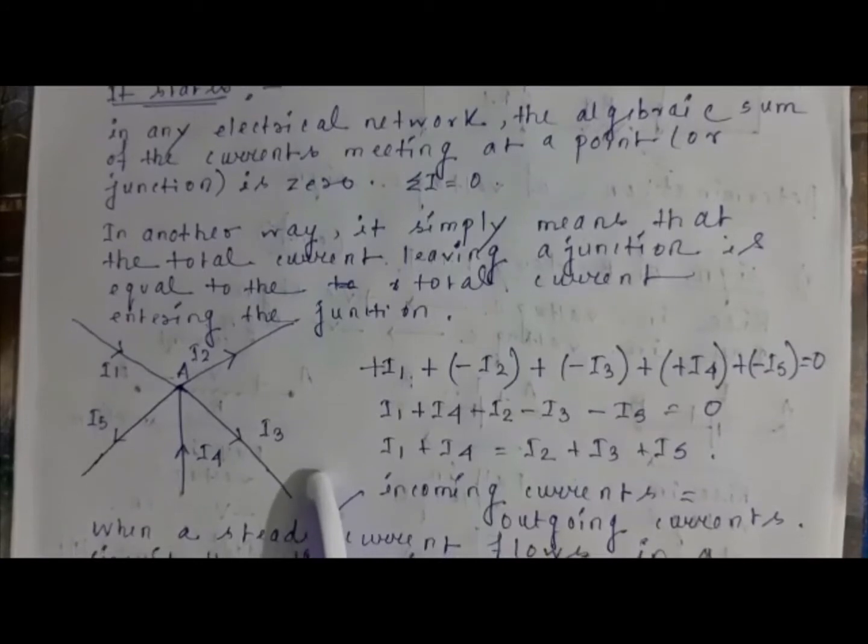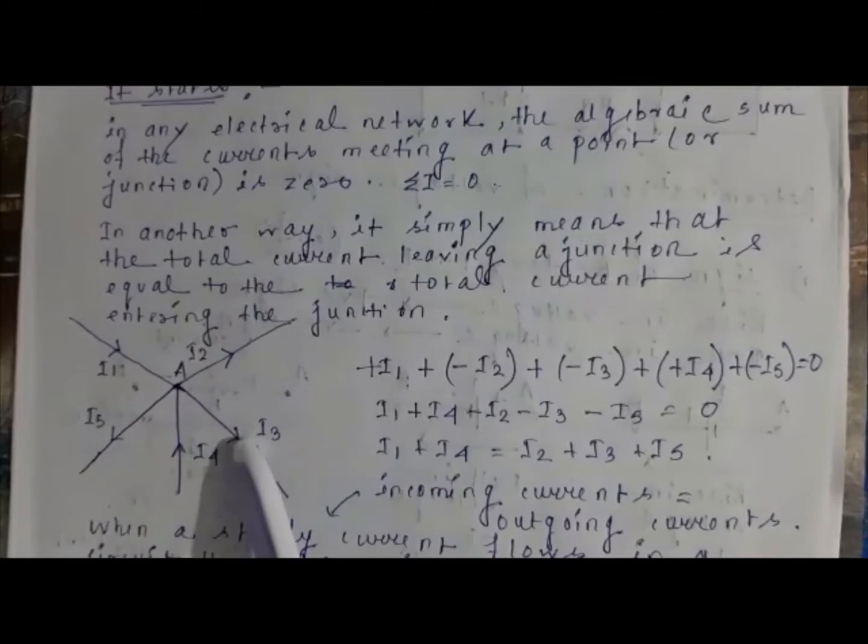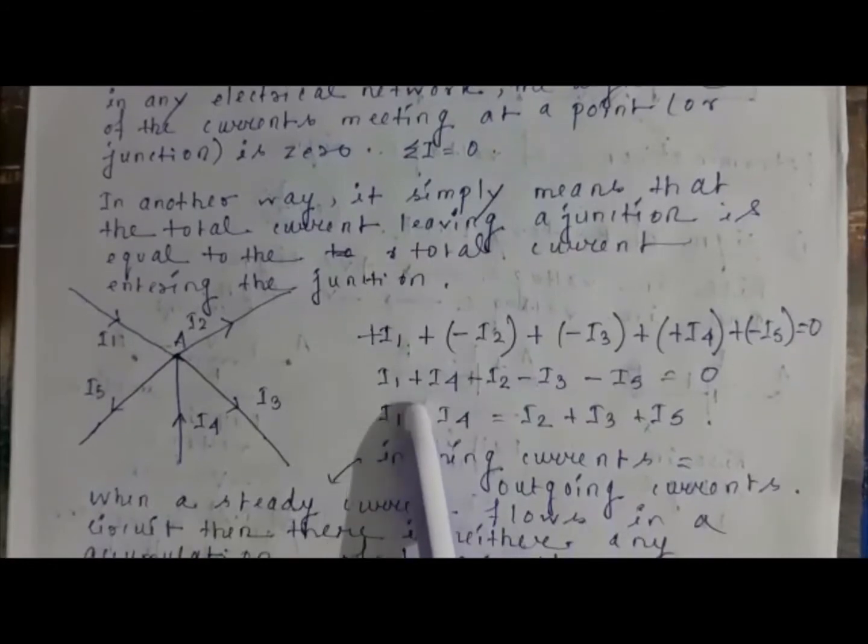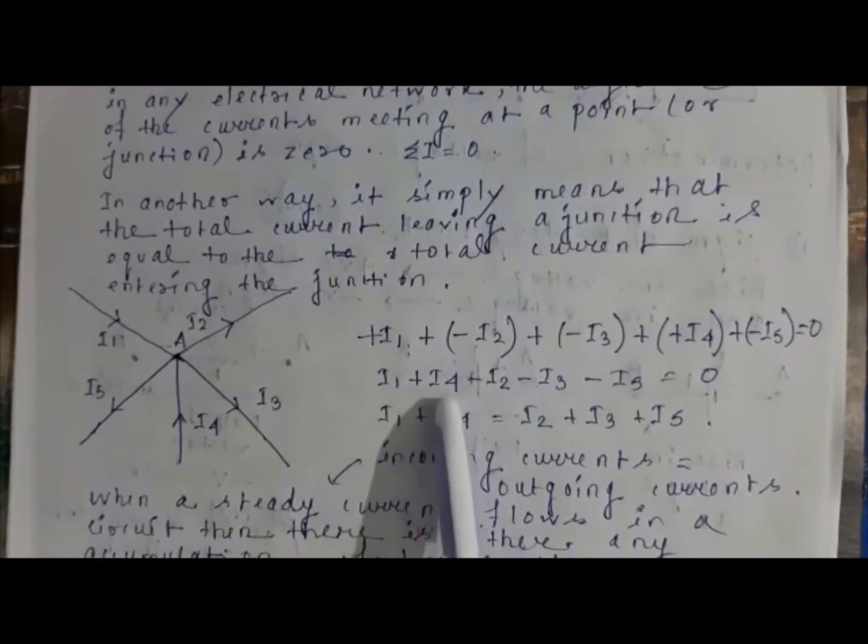Now over here what I have written simply means that the total current leaving a junction, whatever the currents leaving the junction, is going to be equal to the total current which is entering the junction. How can we prove this? See from here, you have I1 plus I4 minus I2 minus I3 minus I5 equals 0.